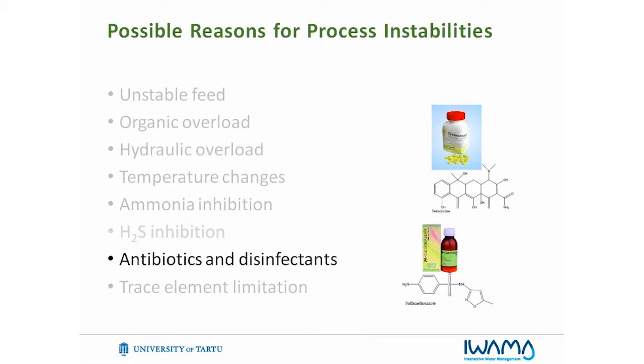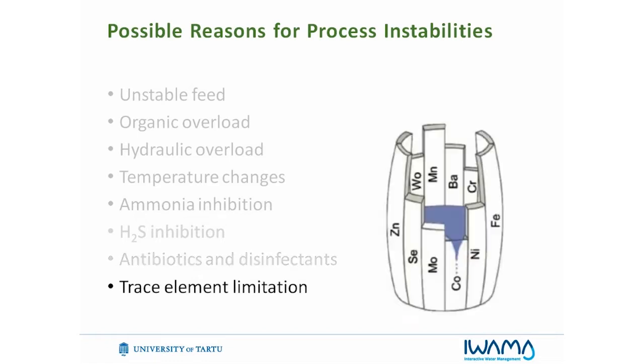Antibiotics and disinfectants are also an issue, but not too much in wastewater treatment anaerobic digesters, because the levels are very low and don't reach the inhibition stage. And trace elements. This is usually not really a problem in the wastewater treatment plant anaerobic digester either, but it has to be considered.